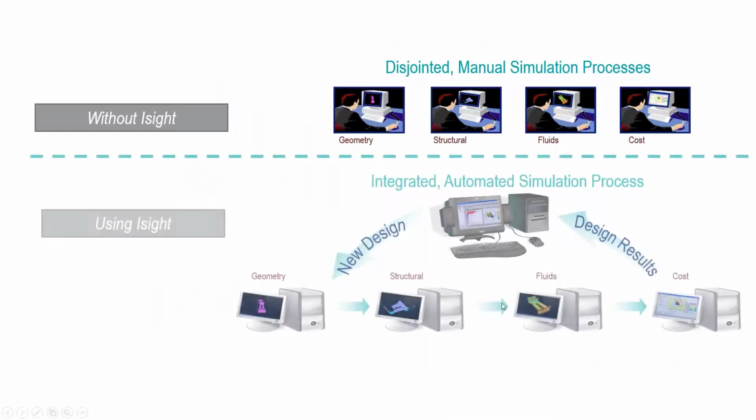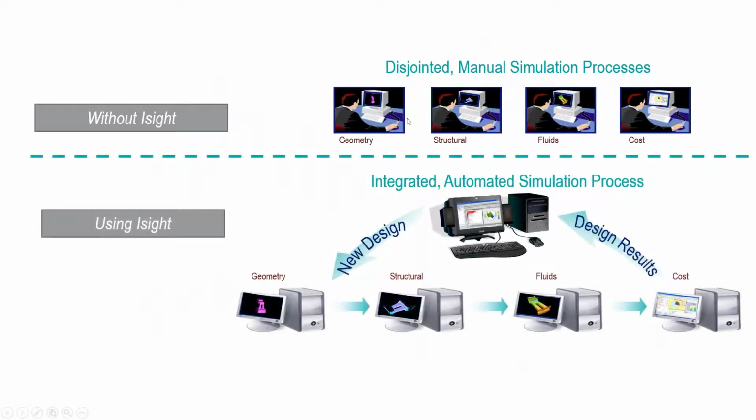So the real target with Eyesight is that typically simulation activity may involve geometry creation, passing on information to create the structural model and maybe a fluid model, and passing those results into another point where cost may be evaluated and so forth.